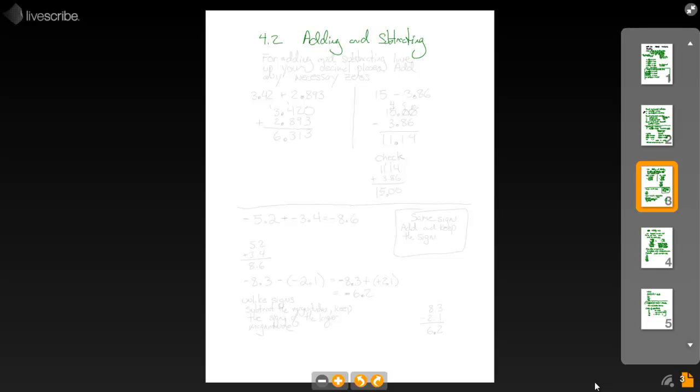For adding, it's really all there is to this section. When you're adding or subtracting decimals, you line up your decimal places, and you put some zeros in if necessary.